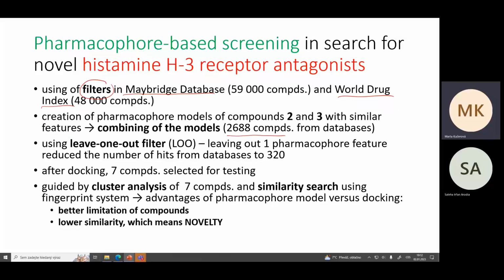They then used the leave-one-out filter. So they always left out one of the pharmacophore features and reduced the final number of the compounds to 320 that were used then for docking. And after docking, only 7 compounds were selected for testing. So they were prepared or bought and then tested in a wet assay.